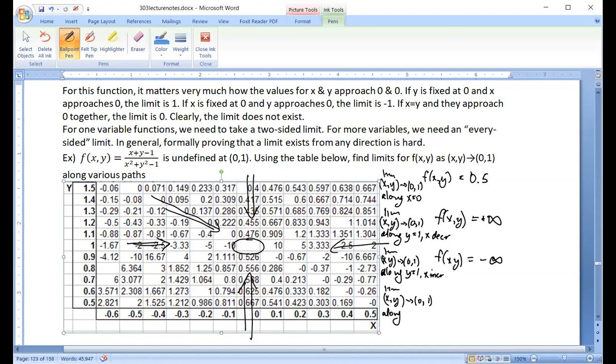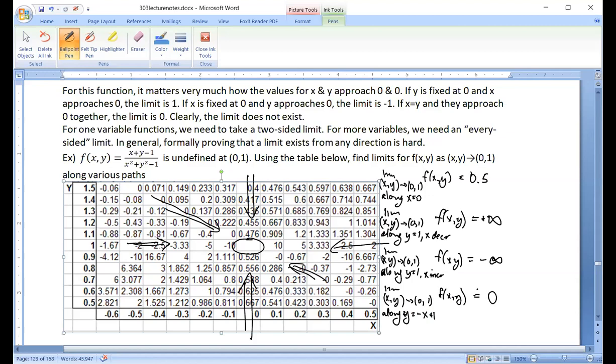So the equation for that, notice that the y-intercept on that is 1, and your slope is -1. So this is along y equals -x plus 1. That's the equation for that path. And notice that you can come from either direction and you get a bunch of 0 values.